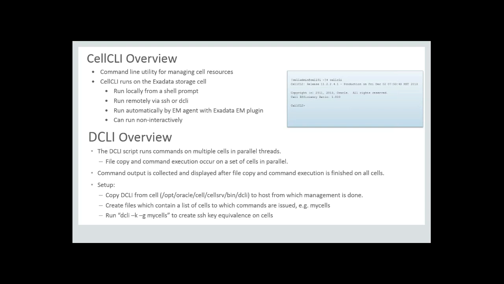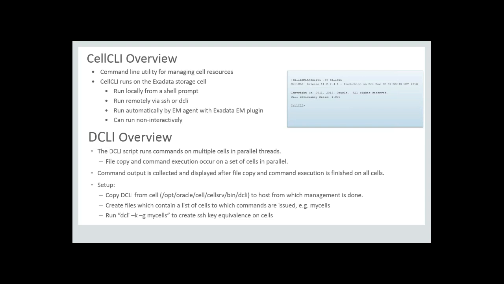Local utility means if you have 14 storage servers and you want to check, say, the date, or do some operation on one storage server or all 14, and you are using cell CLI, you have to log in to each and every storage server to perform that operation. That's why it is a local utility. The effect of the operation will be only on that storage server.